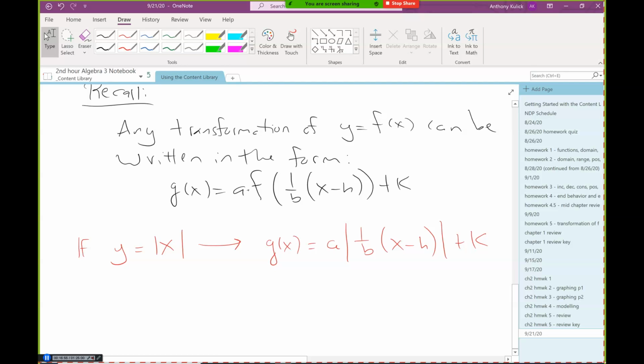But we can do a little bit better than this form that g of x is in. If you recall from section 1 of this chapter, one property of absolute values is that the absolute value of a product is the product of the absolute values.